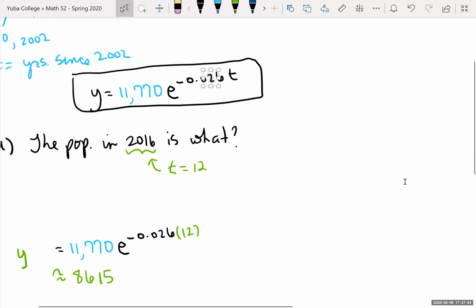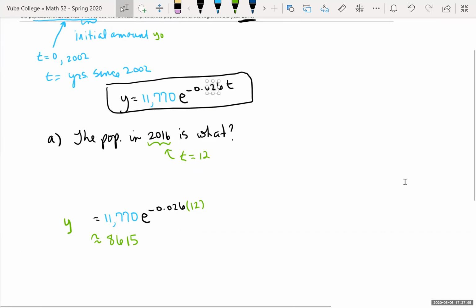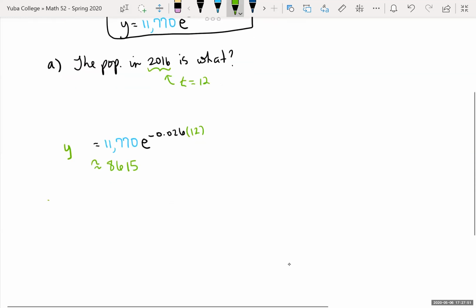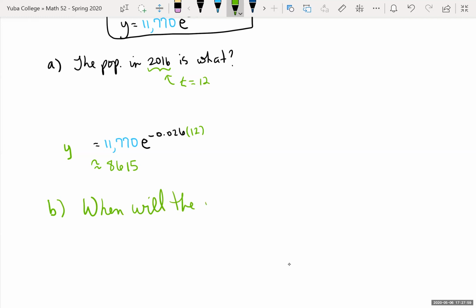So let's go one more step further in this question, and let's answer, when will the population reach 2050?